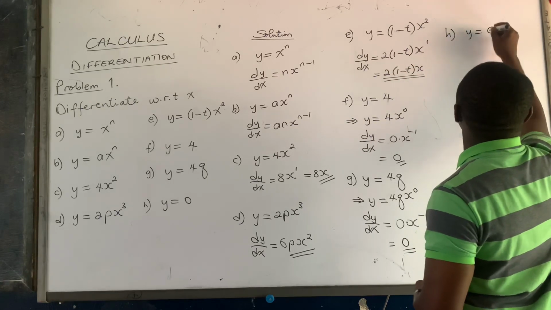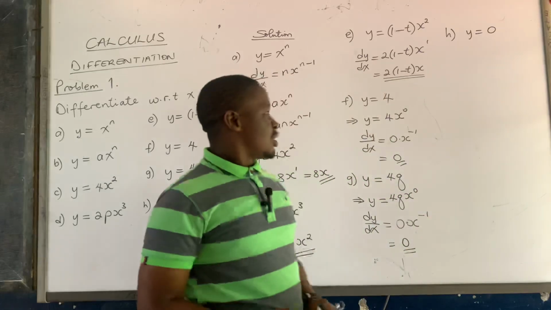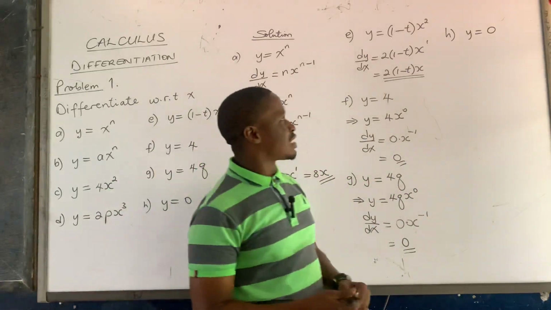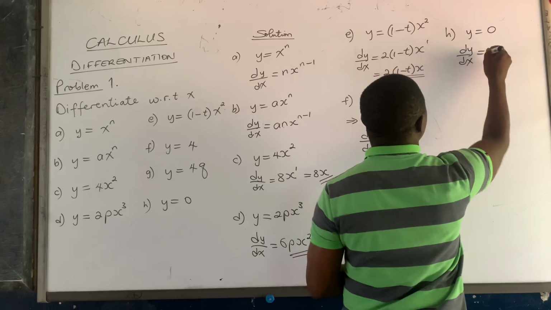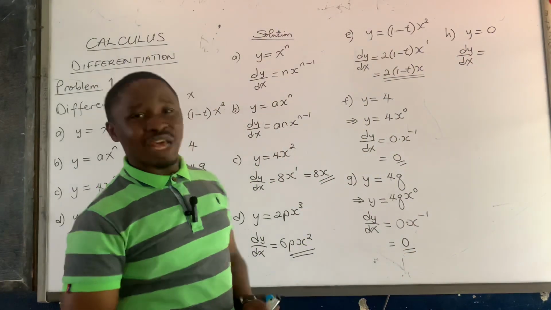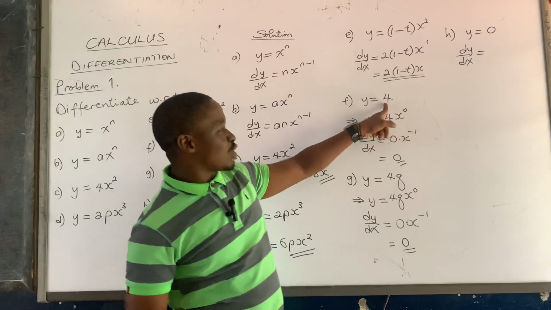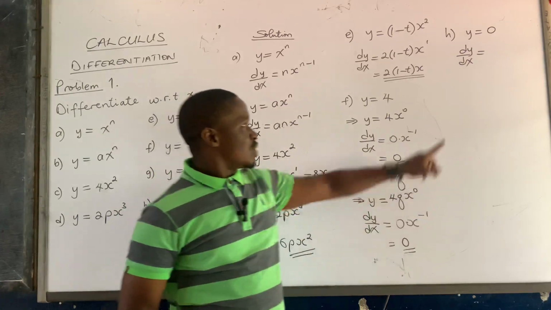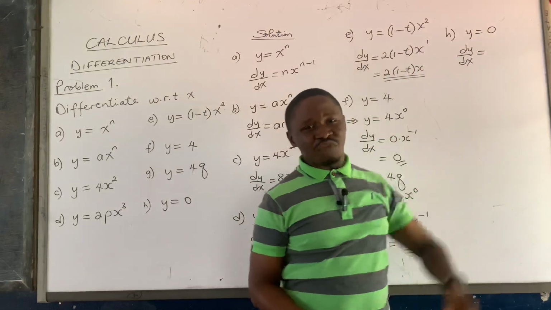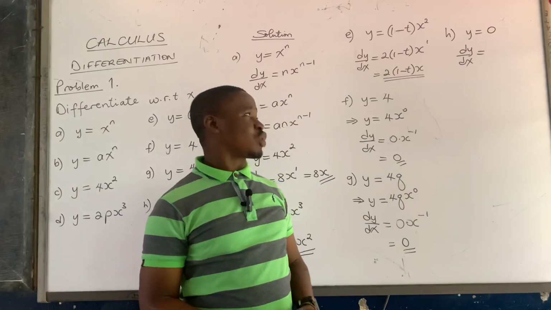Y is equal to 0. Having understood that we want to differentiate y with respect to x, and having understood that differentiating a constant is 0, likewise, when we want to differentiate 0, the result is also 0.